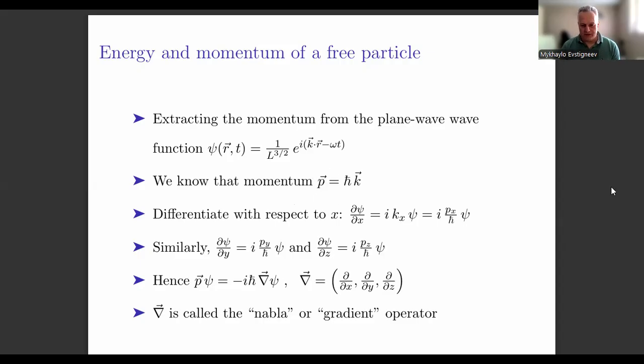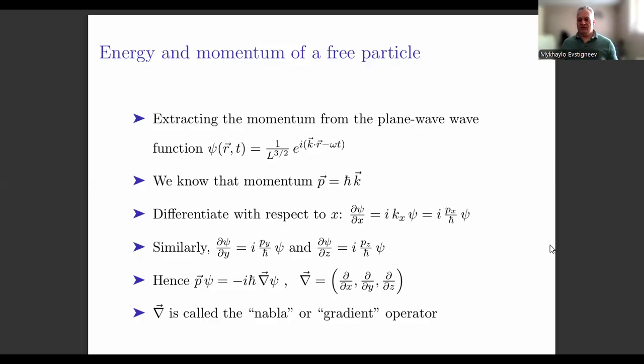Now, how can we extract the wave vector from the wave function? Well, by differentiation with respect to space. Actually, we have 3 derivatives to perform, with respect to x, y, and z. Each of those 3 derivatives will result in the multiplication of the wave function by imaginary unit times either the x, y, or z component of the wave vector. Each of those components of the wave vector is the momentum component divided by h bar.